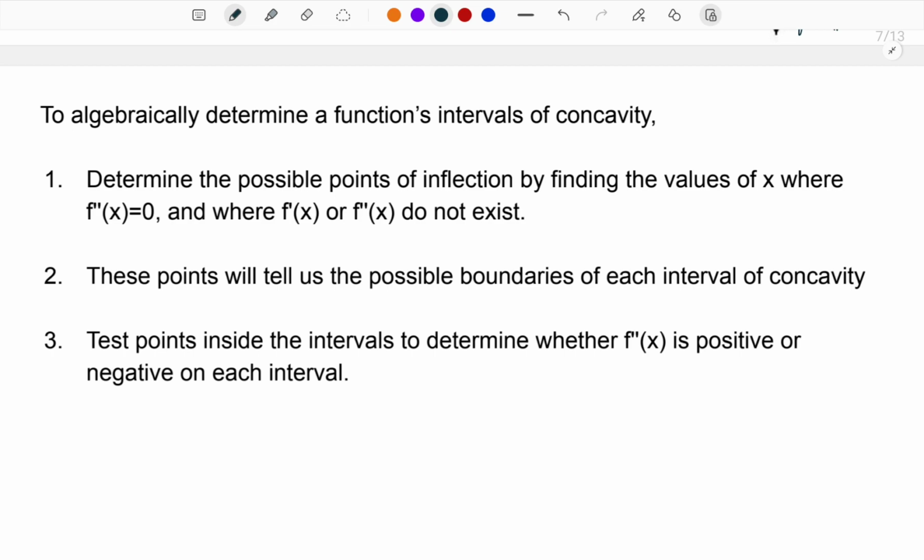And that's just found by setting the second derivative equal to 0, or where it just doesn't exist. Things like an asymptote or a hole. And those points will tell you the boundaries to test using a number line, or a table, you can call it that too. Then you test the values, check where it's positive or negative, and you've got your intervals.